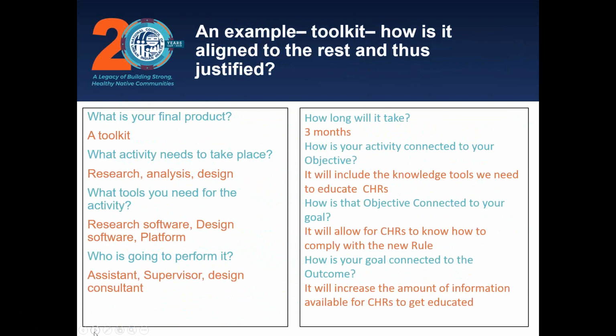How long will it take? Three months. How is your activity connected to your objective? It will include the knowledge tools that we need to educate CHRs. How is that objective connected to your goal? It will allow CHRs to know how to comply with the new rule. How is your goal connected to the outcome? It will increase the amount of information available for CHRs to get educated.